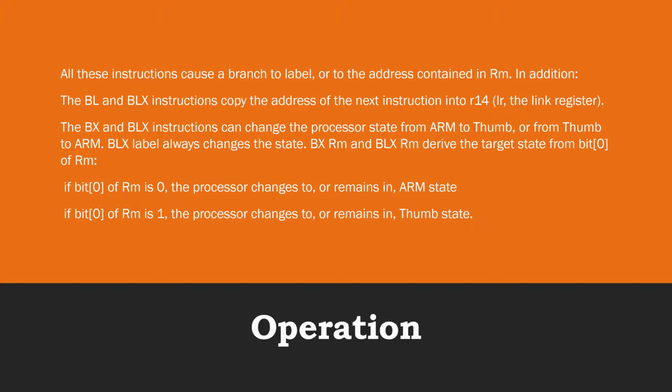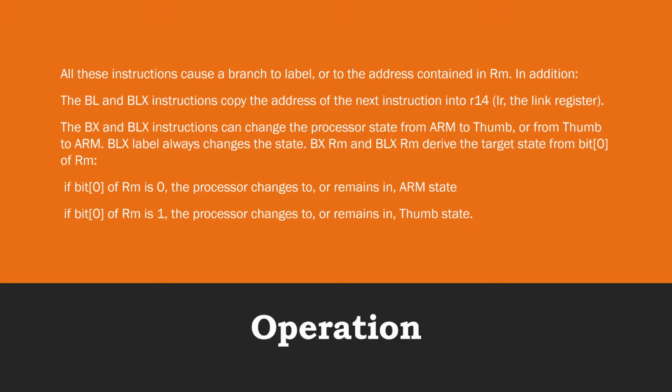In addition, the BL and BLX instructions copy the address of the next instruction into the link register, which is R14. The BX and BLX instructions can change the processor state from ARM to Thumb or from Thumb to ARM.